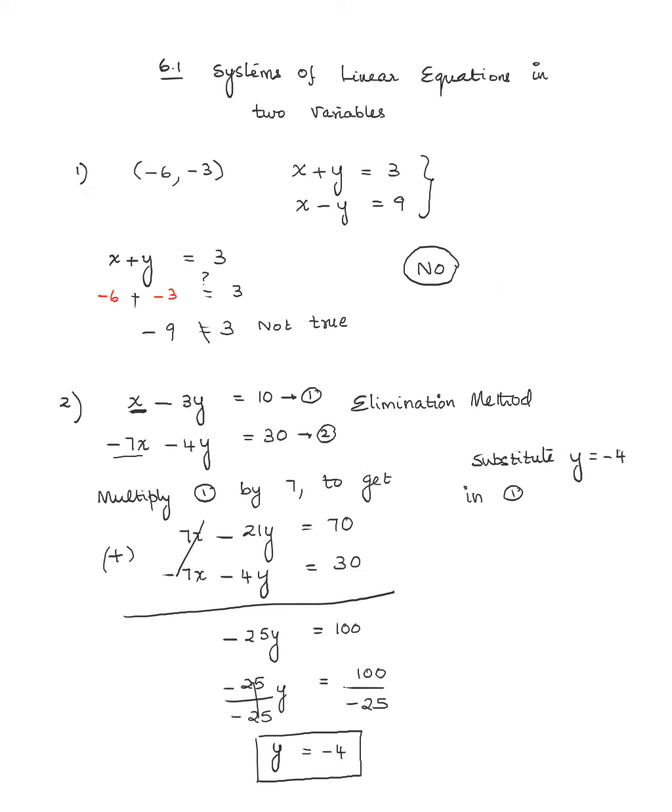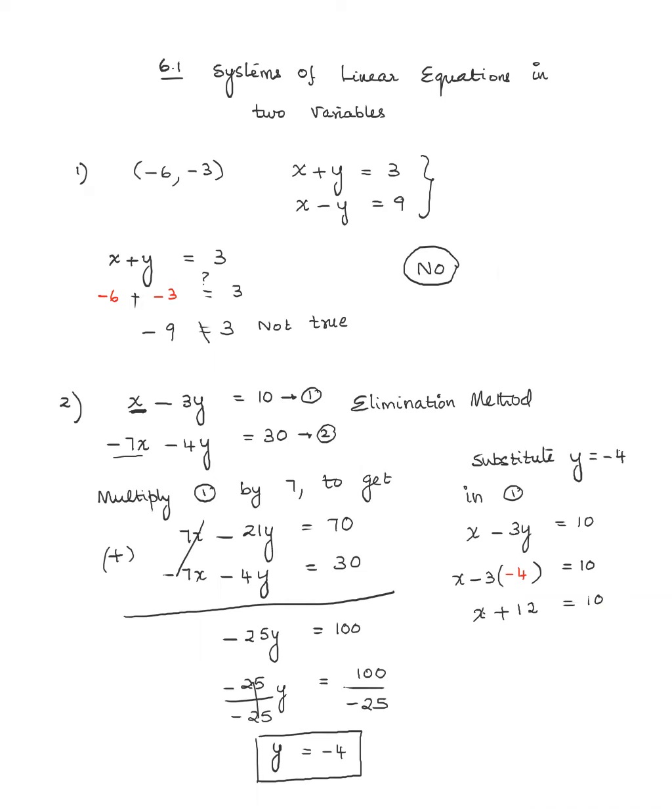In equation 1, we have x minus 3y equal to 10. Now I'm going to substitute y as -4. So we get x plus 12, negative becomes positive.